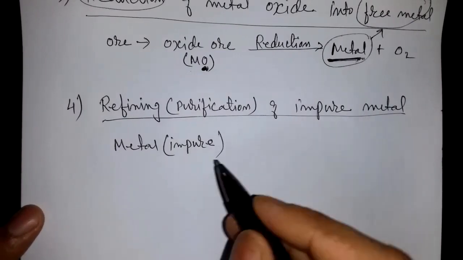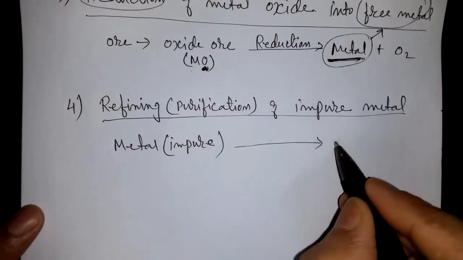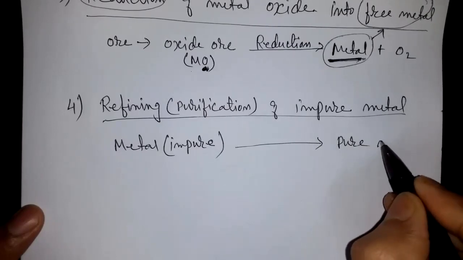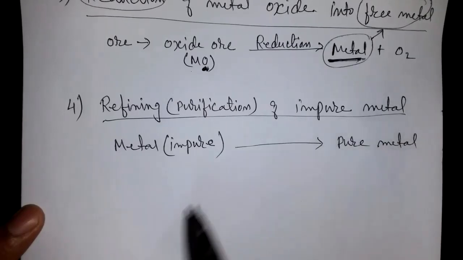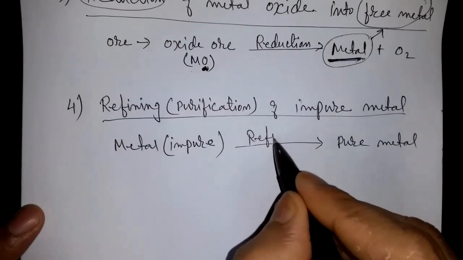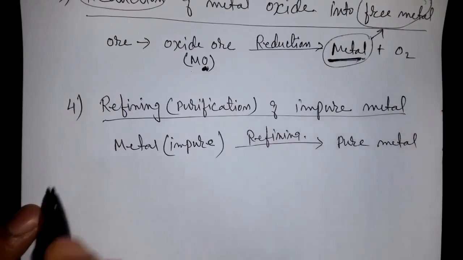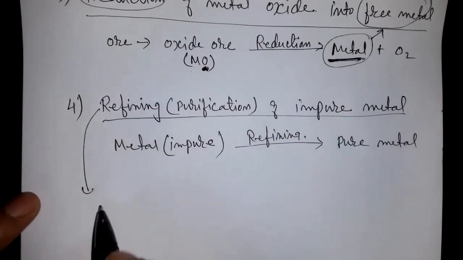So this metal which is impure, we have to convert into pure metal. And this process is called refining. So if you're thinking of a definition, what is refining?